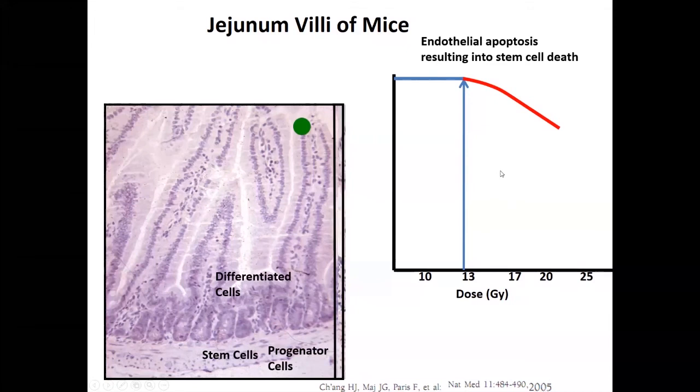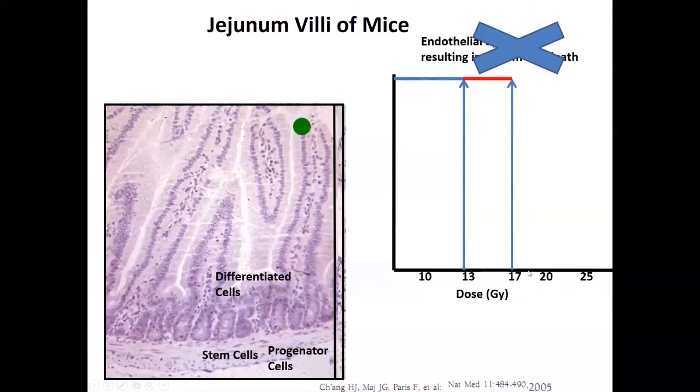So what the authors did next time, they genetically altered these mice so that apoptosis is now blocked. And now they treated the mice with increasing dose of radiation, and they observed that up to a higher dose there was no death of mice, but after this dose there was death of mice because of irreversible diarrhea.